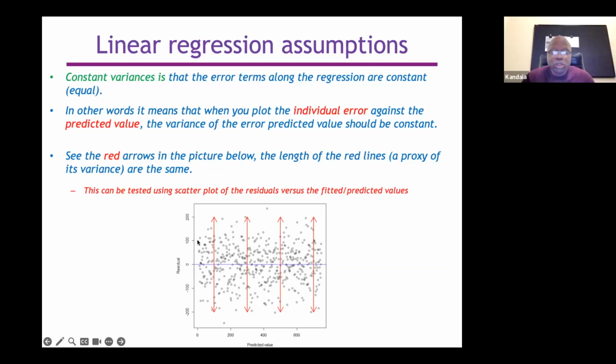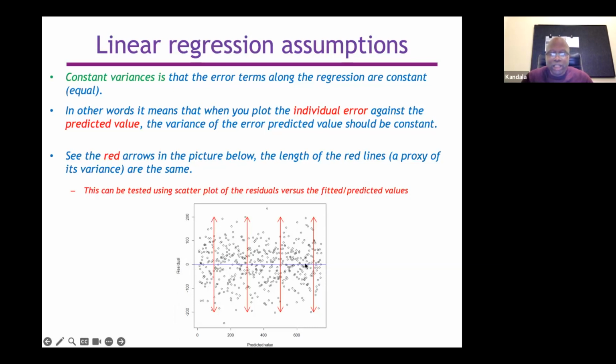If you measure government spending, on the y-axis you will get the individual weekly or monthly health spending error that you make, and here you have the predicted value. For the constancy of the variance, you can have this arrow to mean that they are stable.